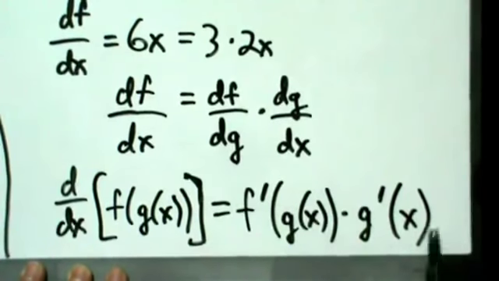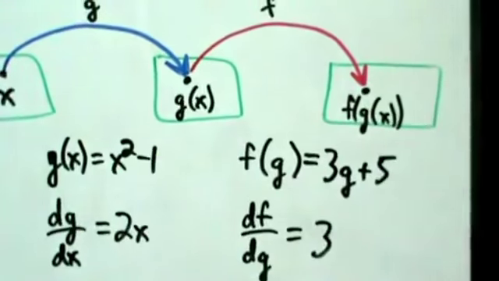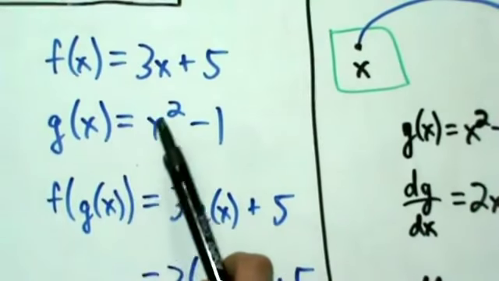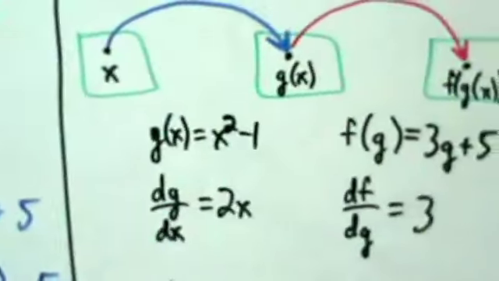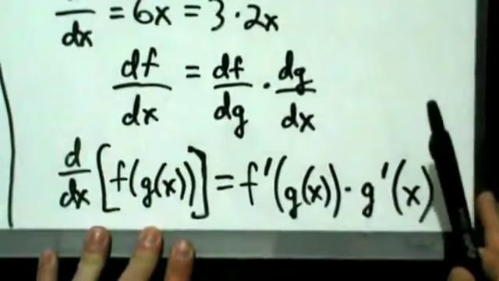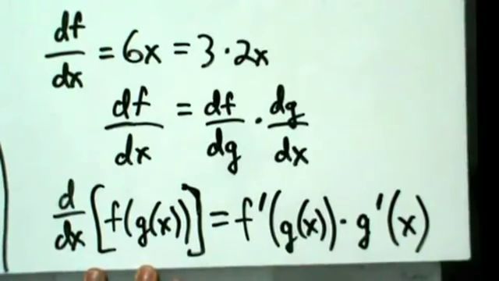This isn't really going to work with this example because here f of x is 3x plus 5, so the derivative of f of x is just 3, just a constant, so there's really no difference in these two lines of thought because f is just a linear function.